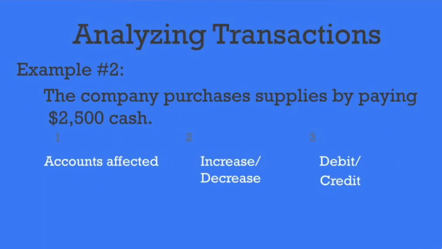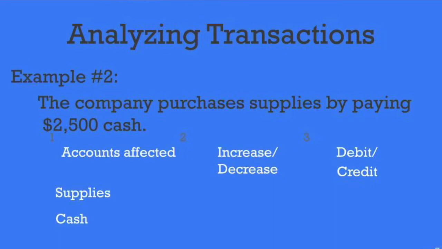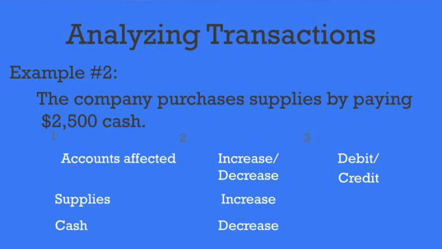Let's look at another example. The company purchases supplies by paying $2,500 cash. So we ask ourselves, what's going on here? Well, supplies are affected, so there will be an account for supplies, and there would be an account for cash, okay? Those are really the two accounts. Supplies go up, don't they?